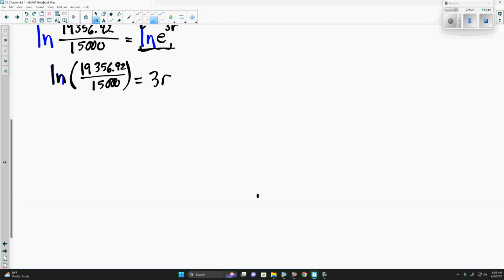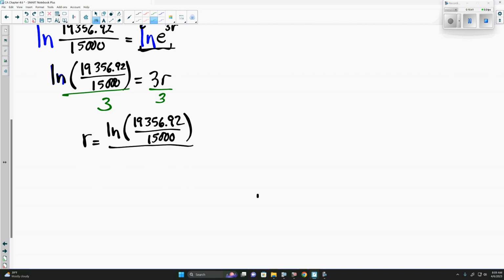So what we can do is finish this out by dividing both sides by 3, telling us r is equal to the natural log of $19,356.92 over 15,000, all being divided by 3.